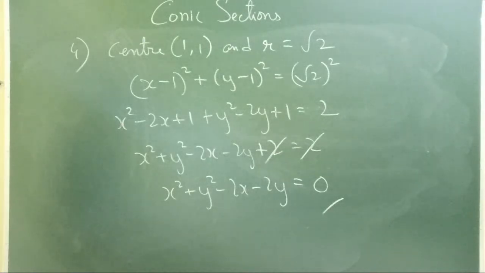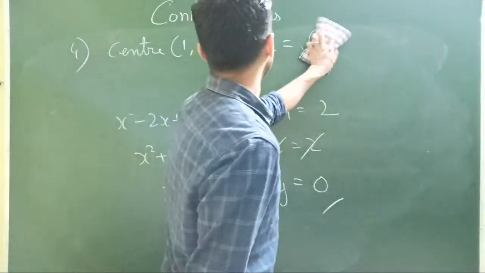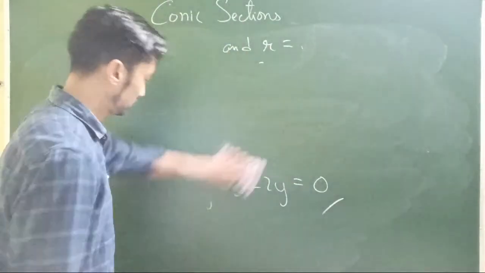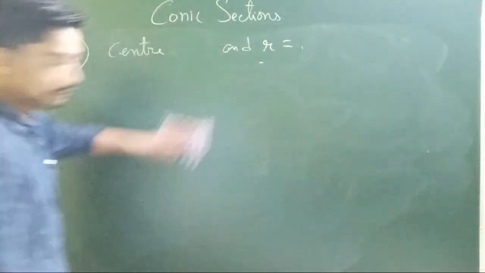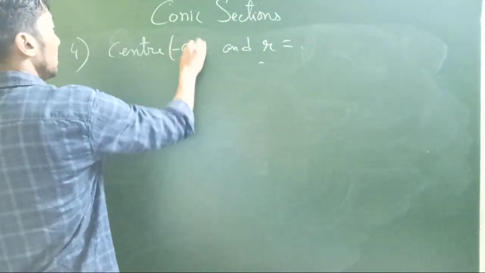Let's get ready with number 5. The center is given as (minus a, minus b).